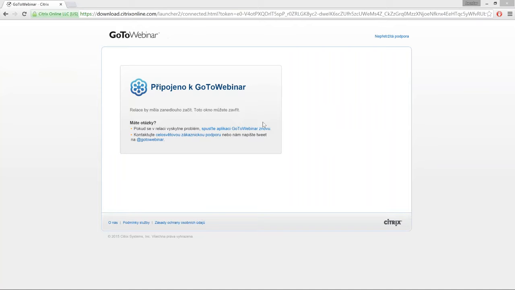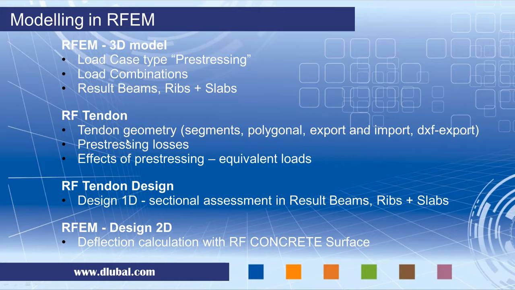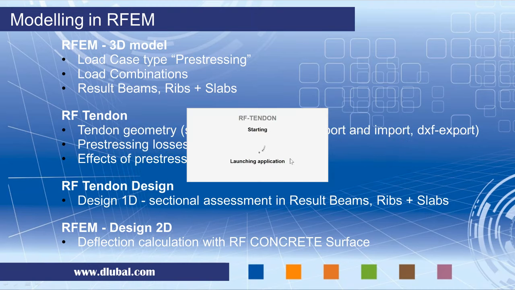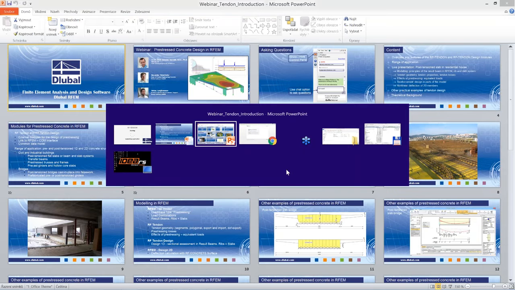Sorry. So next, what I want to show is RF-TENDON and its functionality, like tendon geometry, pre-stressing losses, and effects of pre-stressing. All the data from the model is uploaded to the external module, and we will see this shortly.